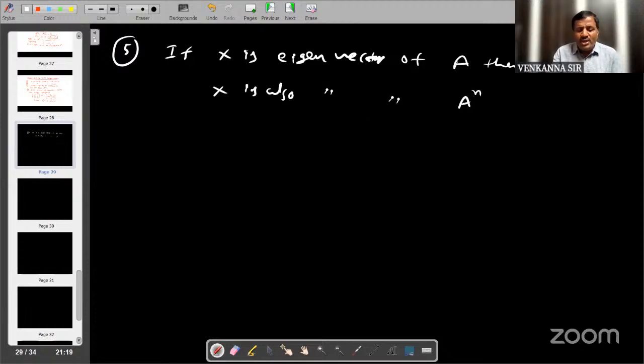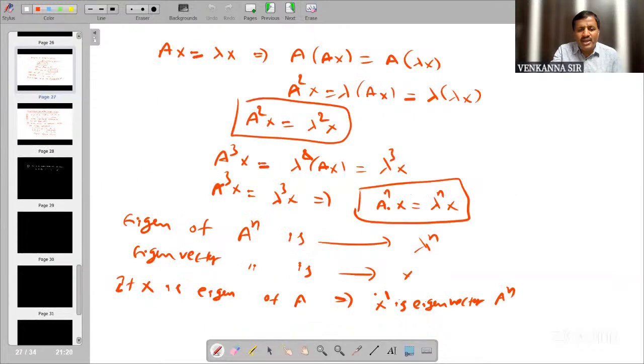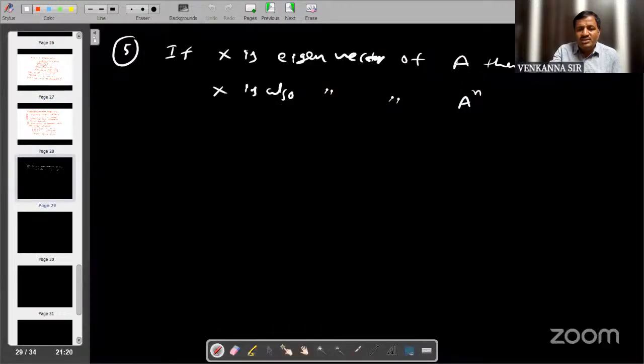Just now, in the recent previous slide, I explained this same logic. If x is an eigenvector of A, then x is also an eigenvector of A power n. Only lambda power changes. Very interesting.